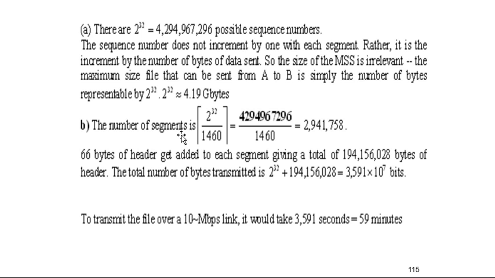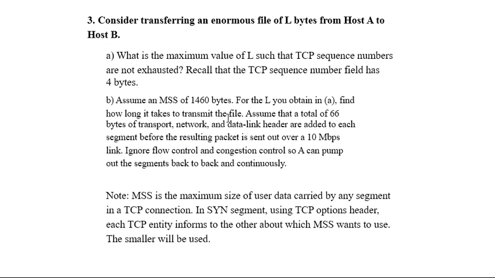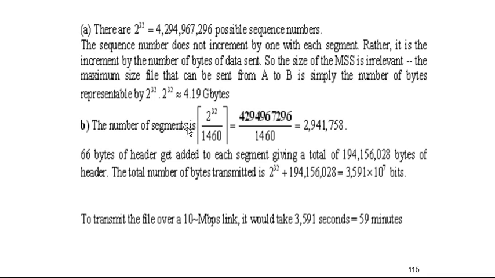The number of segments would be 2 to the power 32 by 1460. Maximum you could have 2 to the power 32 bytes, and each segment is a maximum of 1460. So the number of segments is 2941758 if you calculate, right?